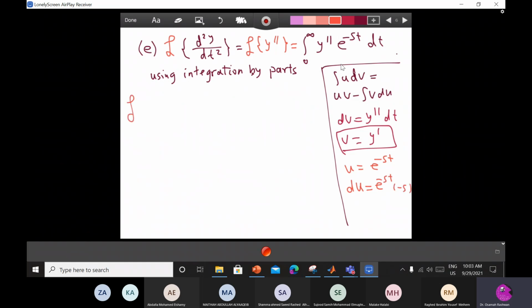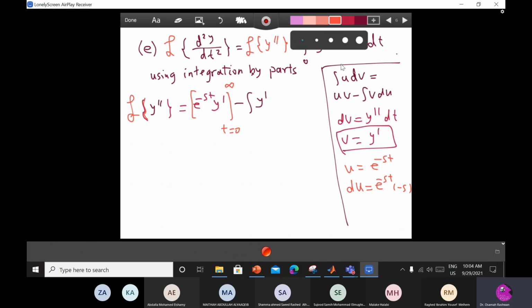Now, the Laplace transform for y double dash will be, yes, uv. What's u? e to the minus st. What is v? y dash. And don't forget you have from t equal to 0 to infinity, minus the integration of v. What is v? y dash. What is du? It is e to the minus st times minus s, and the integration with respect to t.